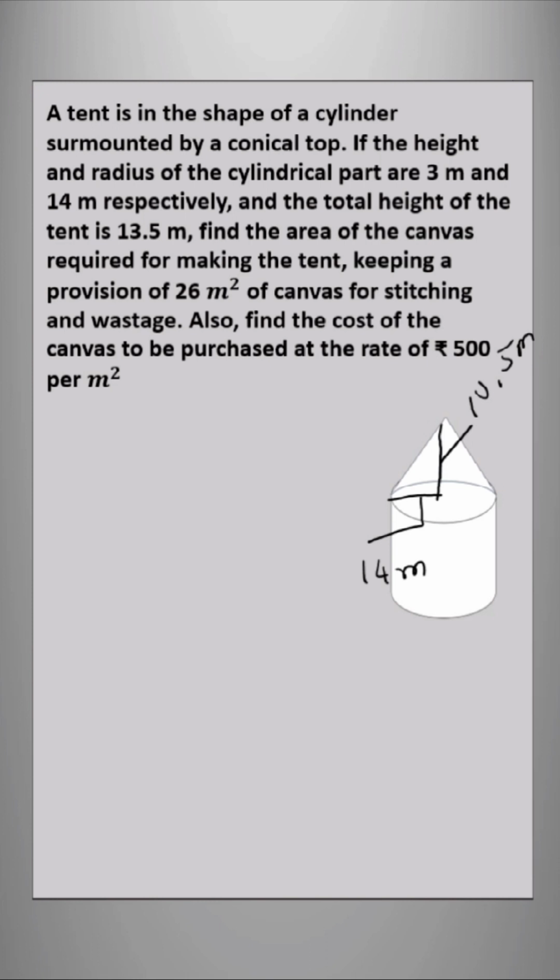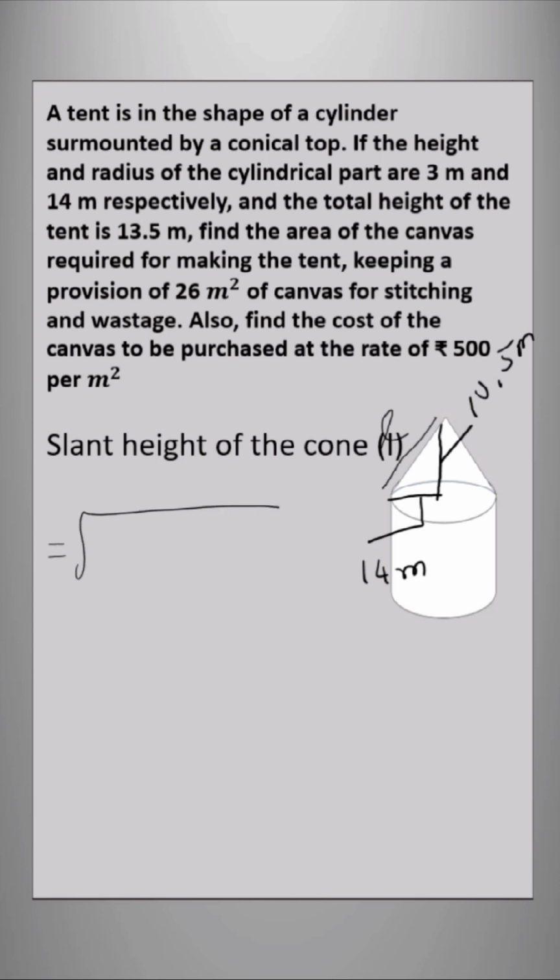Since we need to find the total surface area of the tent, which is equal to CSA of cylinder plus CSA of cone, and the CSA of cone is equal to pi r l. Now let us find the slant height l of the cone. Slant height l is equal to square root of h square plus r square, by using Pythagoras theorem.